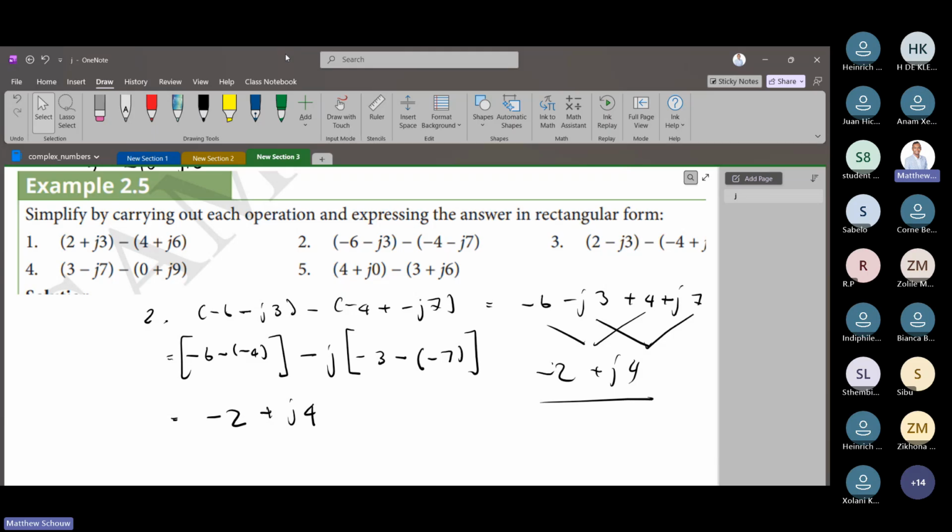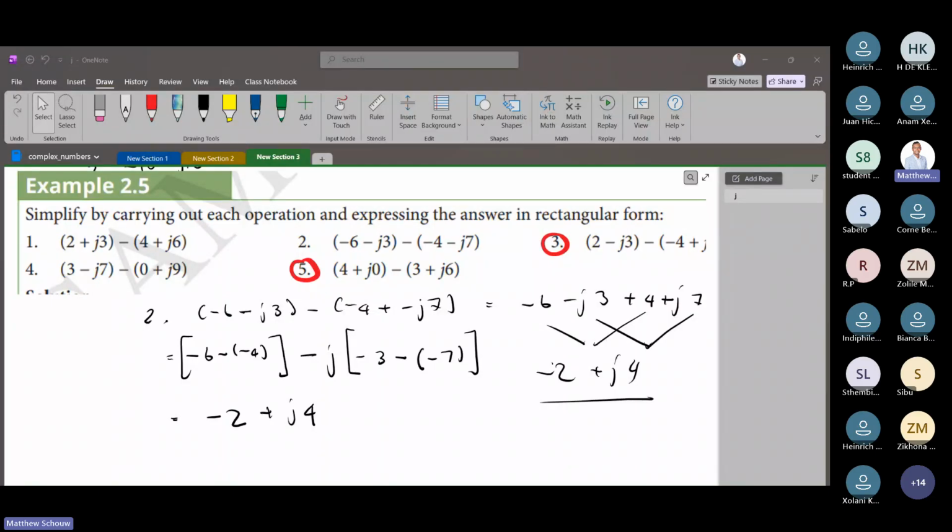Can you guys do number 5 for me? Let's do 3 and 5. Then we can move on. I think I'm done with 5 already. It's 1 plus j4, if I'm correct. And then 3 is 6 minus 4j. No, it's not. Check again. I'll check.